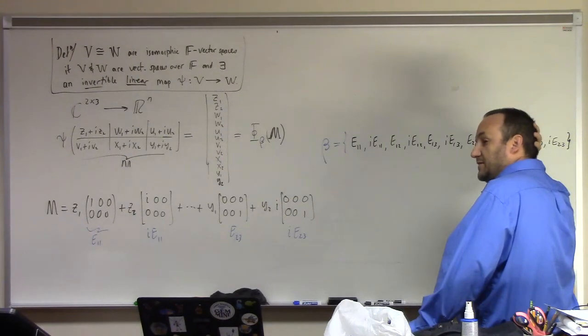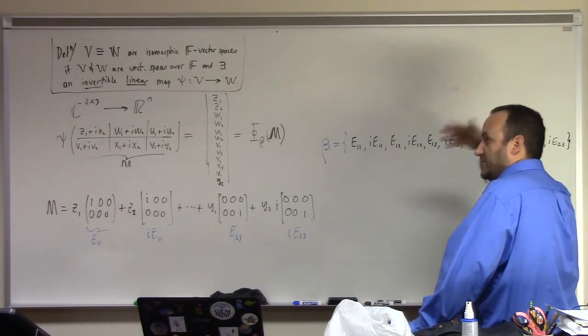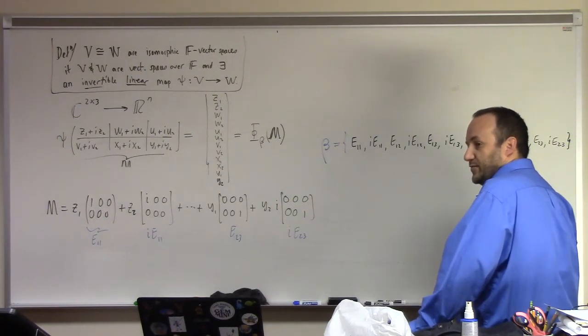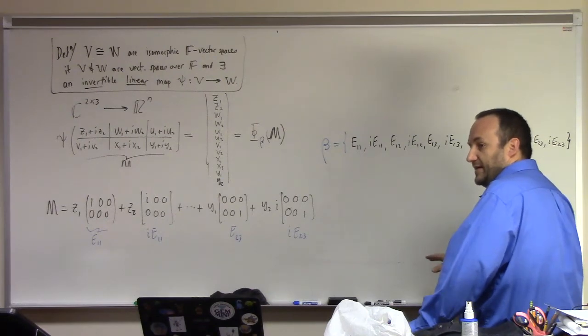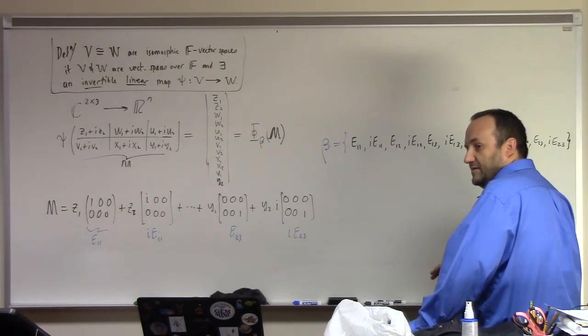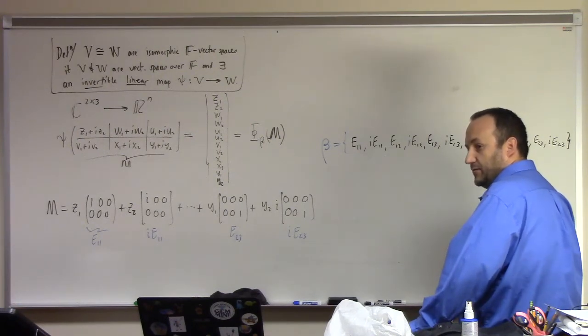But this is another generic bullet point I might make. If I ask you to find an isomorphism from your given vector space, if it's a vector space over R, and I say find an isomorphism to R^n, really I'm saying find a coordinate map.